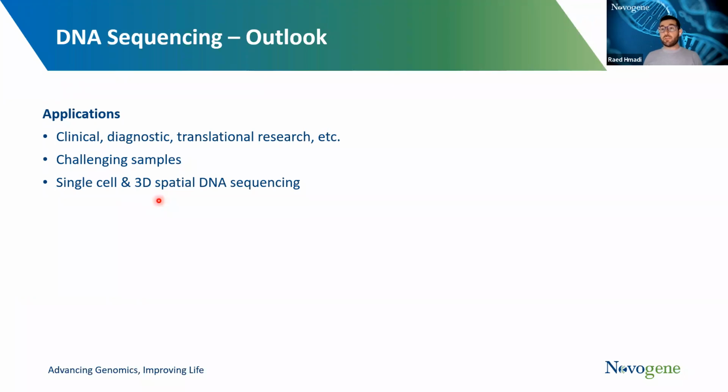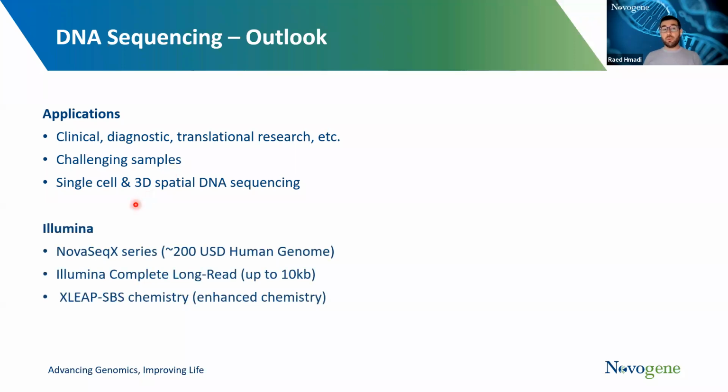Not only are the researchers and scientists trying to expand the portfolio and the advantages of the different applications, but also different sequencing technologies and the companies behind them are trying to do the same. For example, Illumina, one of the major sequencing technology providers in the world, recently announced the NovaSeq X series, and with this instrument, their aim is to bring down the cost of sequencing the human genome to 200 US dollars.